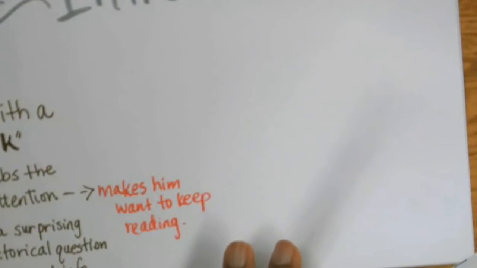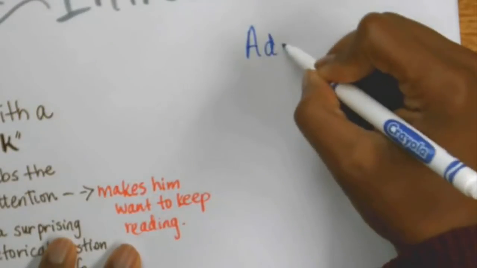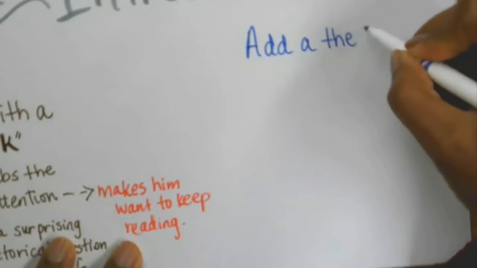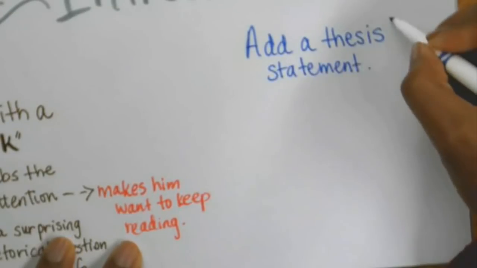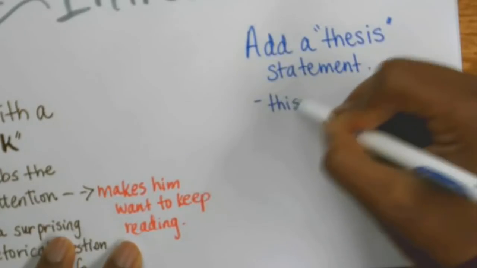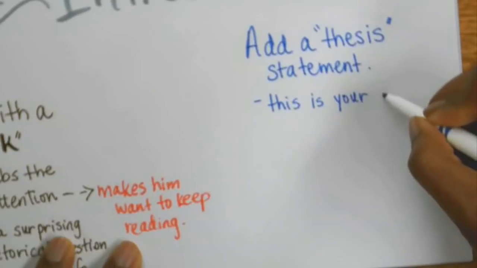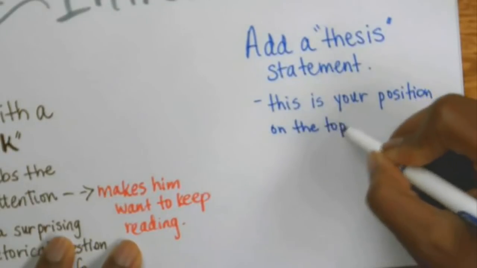Another part of the introduction is your thesis statement. The thesis statement is your position on the debatable or controversial topic. Think of it as a yes or no, for or against. Keep it simple. You are either on one side of the debate or you're on the other.